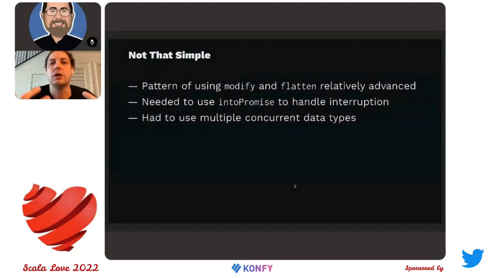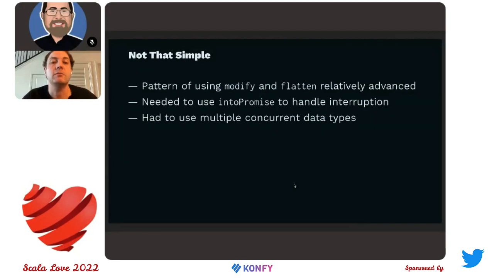And that just requires a little bit of thinking about how to do this that probably, if I didn't tell you specifically, like, this is how you should do this thing, or you kind of heard some other person or read something that said something similar, then this probably isn't necessarily what you would come up with yourself. We had to use this into promise operator, which is a little bit of a specialized operator. And again, I think you probably have to know a little bit like, oh, interruption is an issue here, and I need to make sure I really propagate all the results of this computation into this promise to know that that's the operator that you should use.